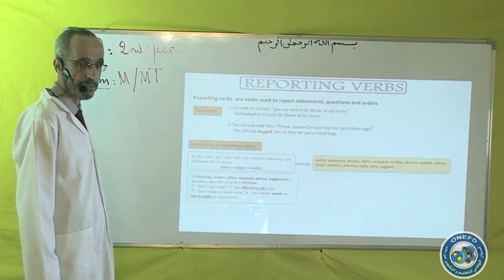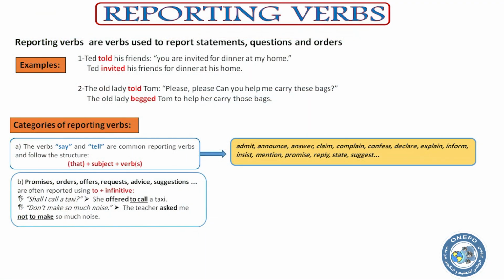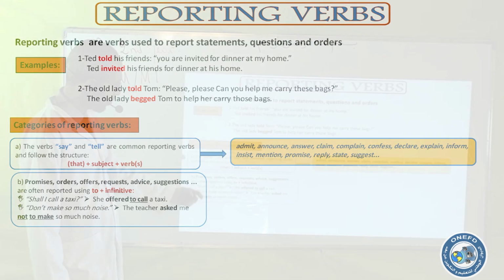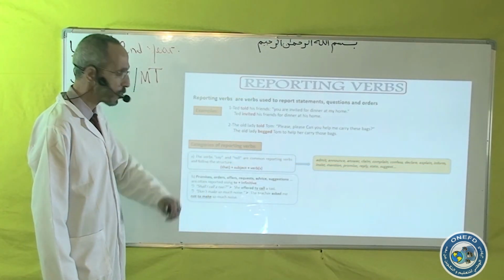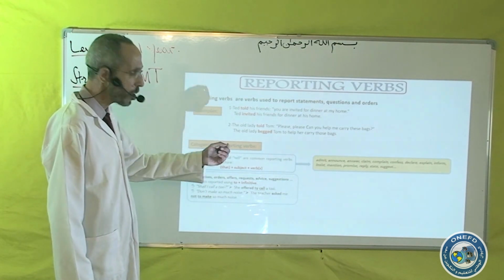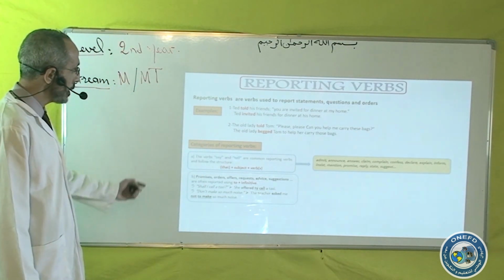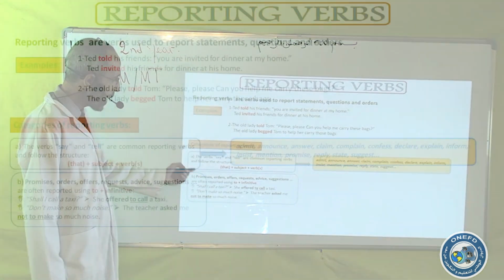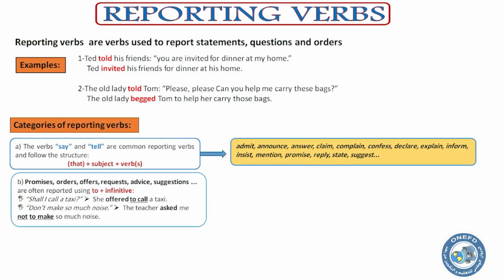Look at these 2 examples here. Shall I call a taxi? She offered to call a taxi. Here, after the reporting verb, we use the to infinitive. Don't make so much noise. The teacher asked me not to make so much noise.